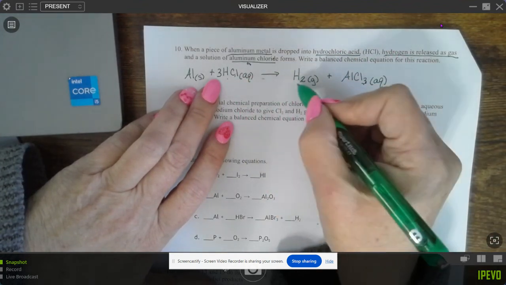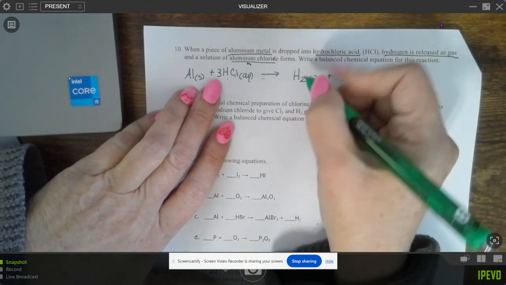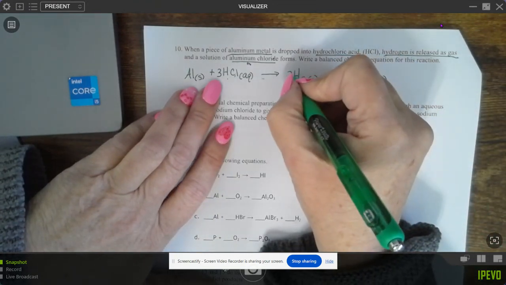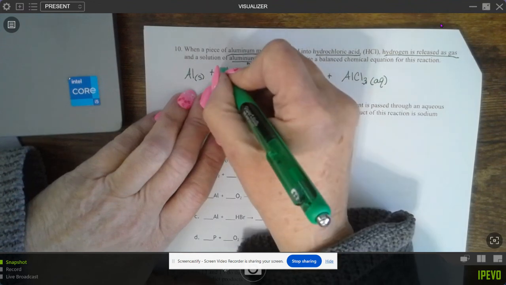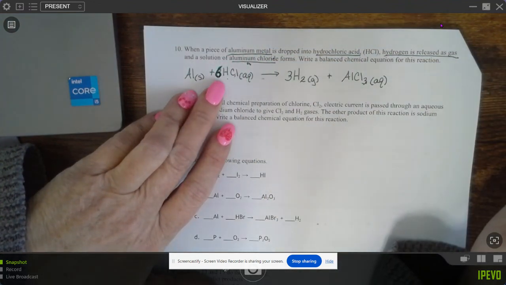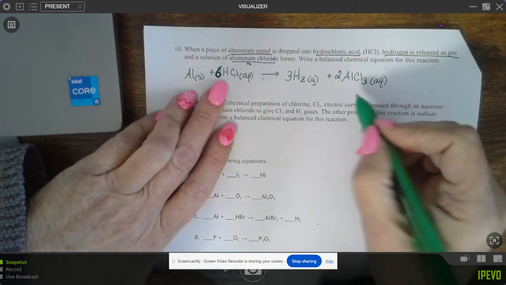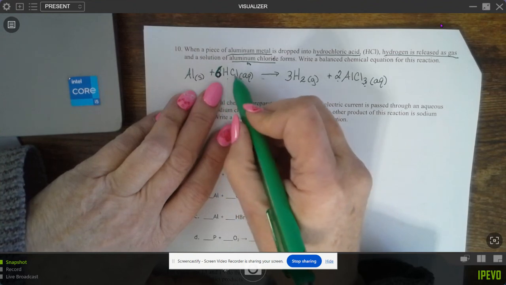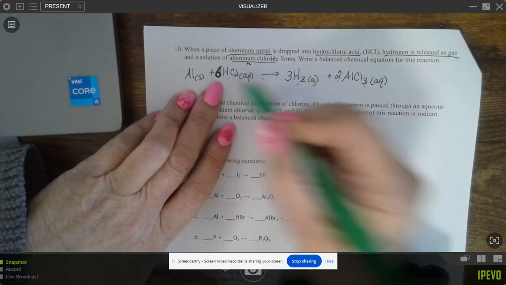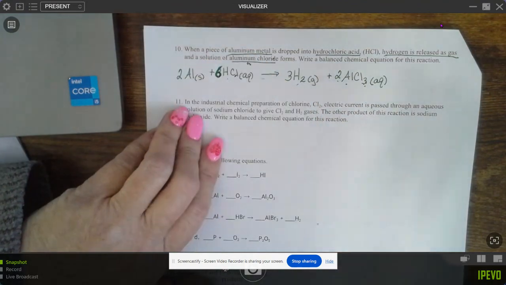So I've still got to come up with that least common multiple of 3 and 2. So if I put a 3 here, I've got 6 hydrogen. If I put a 6 here, I've got 6 HCl. So now if I put a 2 here, I've got 2 times 3 is 6. I've got 6 hydrogen. Last little bit is I've got 2 aluminum, so I put a 2 there.